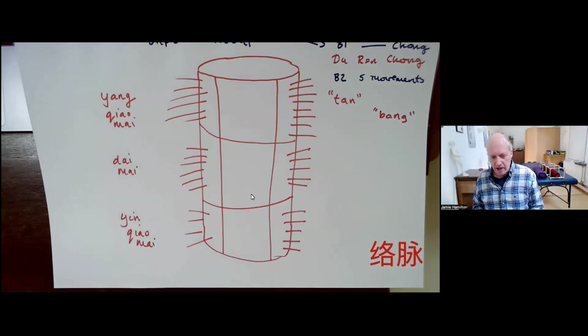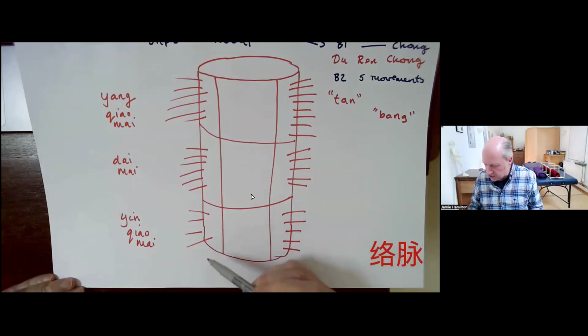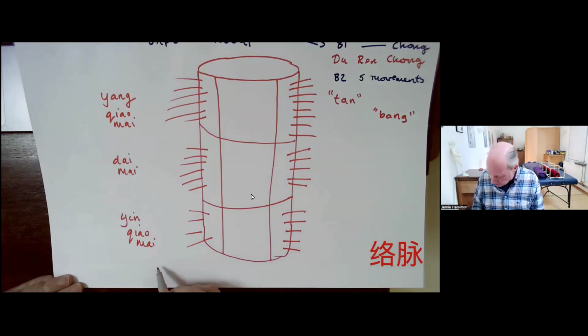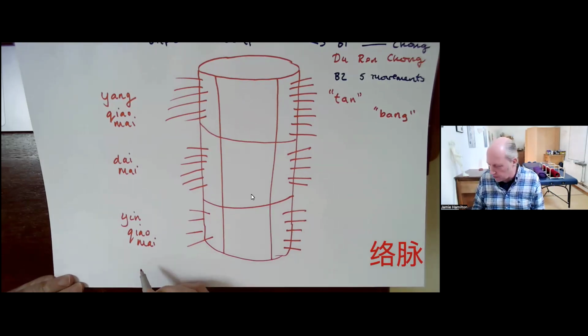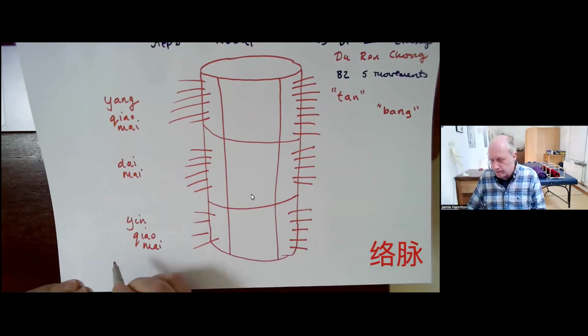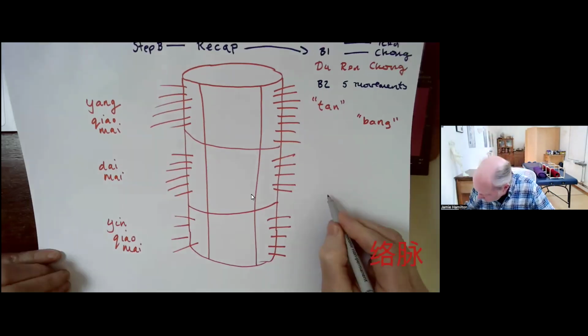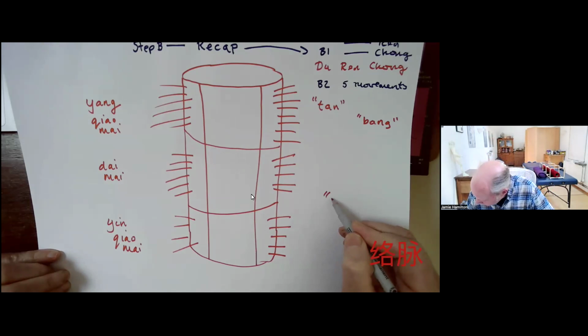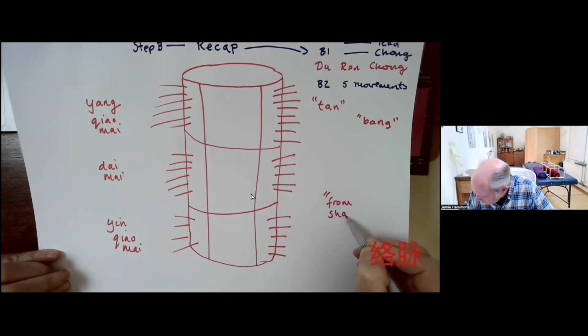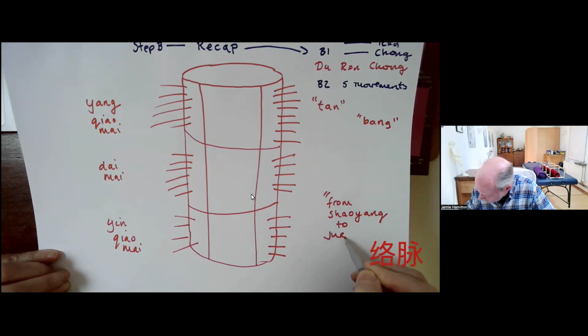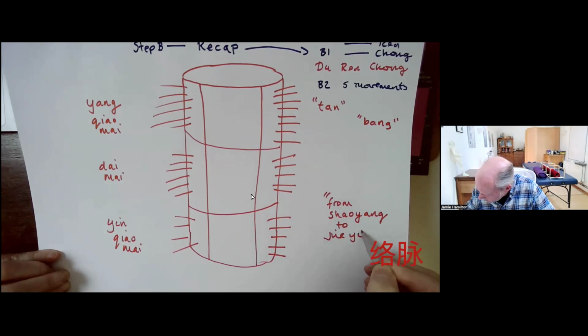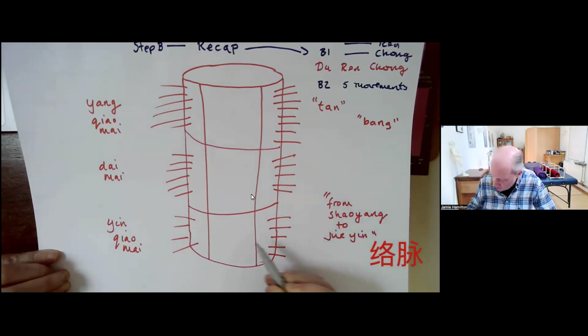And then it says, from what it says in the text, literally, and remember the diagram I showed you before? I'll write it here. It goes from Shao Yang to Shao Yin.